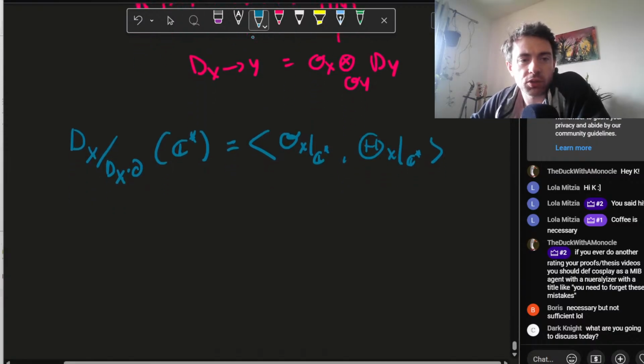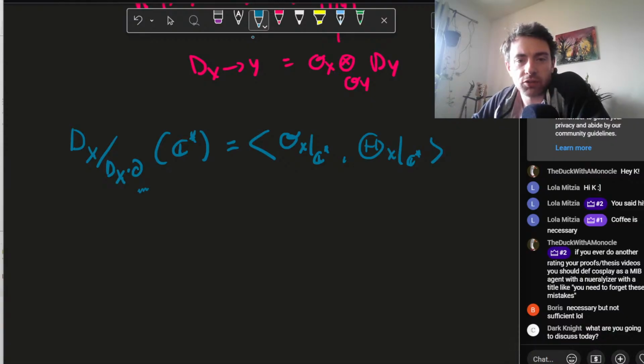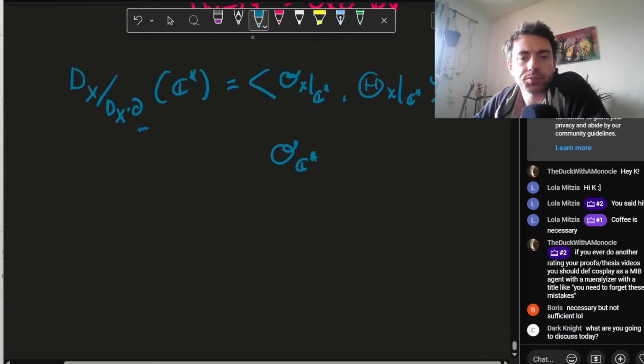But because we're taking this quotient, the derivatives pretty much all just disappear, and we're left with really O of C star, at least as the underlying quasi-coherent sheaf.